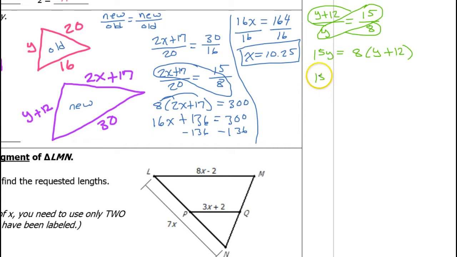So that's 15y is equal to 8y plus 96, and then I'm going to subtract 8y from both sides. That's going to give me 7y is equal to 96. And then I will divide both sides by 7.